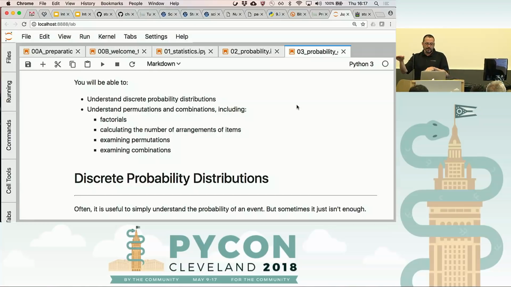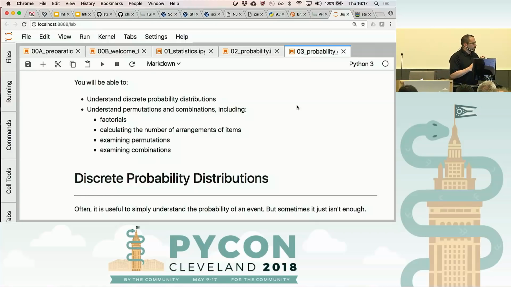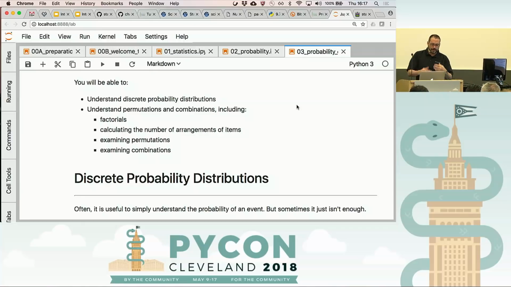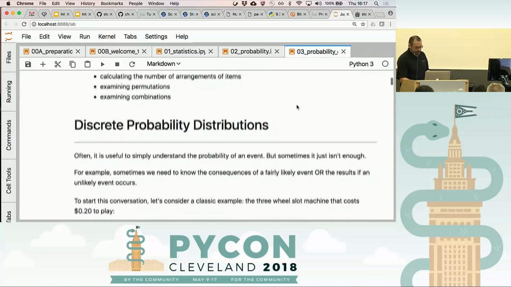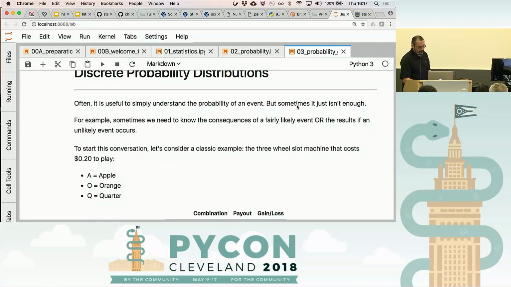I'm going to take you guys out onto the wild, wild internets, and we will look at some things that are out there that might be of interest and use to you. And we'll talk a little bit about how this discrete probability distribution can apply to other things. But let's get started with the discrete probability distribution. One of the classic examples of a discrete probability distribution is related to slot machines.